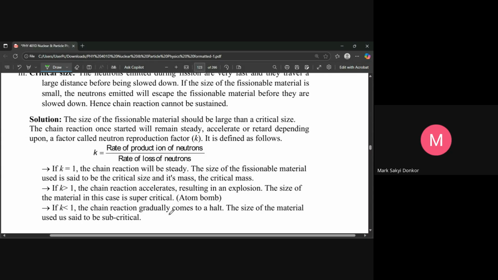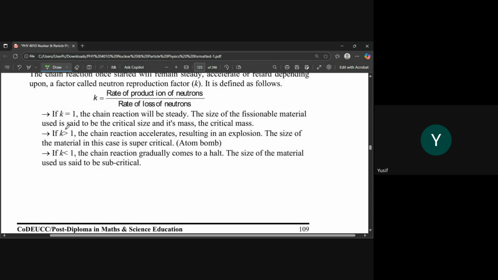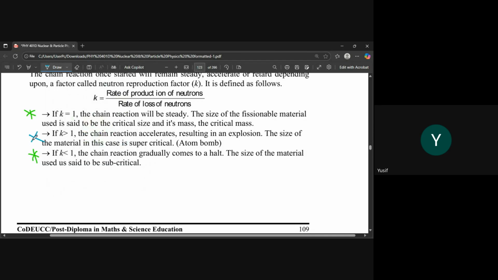Okay. So the main cases we pay attention to in energy generation, whether electricity generation or whatever, are the first one and the last one. The second one is what they use in making deadly weapons, like bombs.